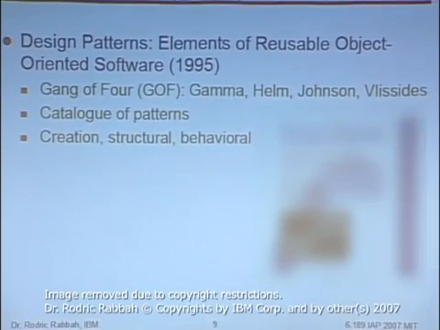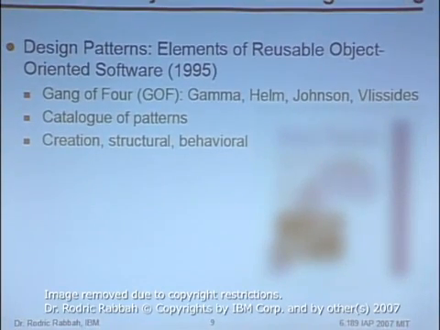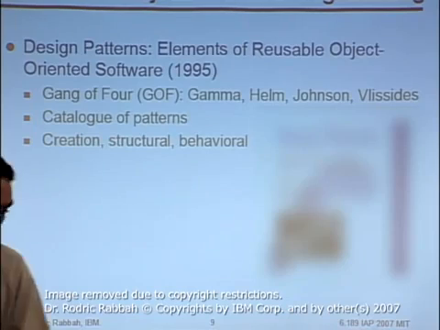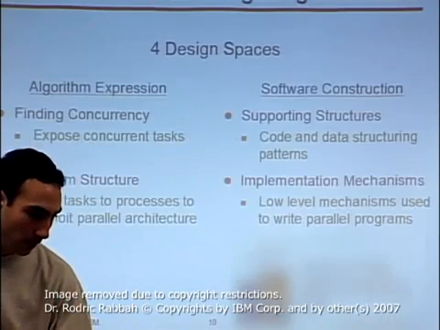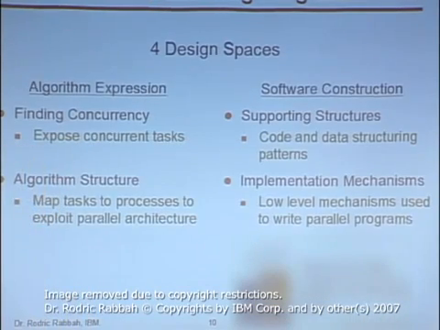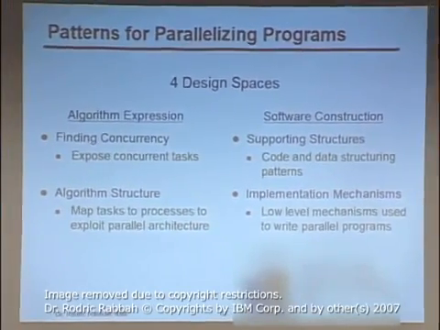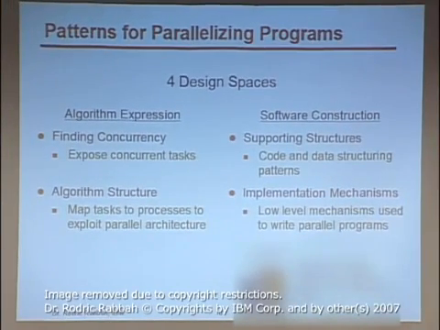Things like the visitor pattern, for example, some of you might know. And in 2005, not too long ago, there was a new book which I'm using to create some of these slides. It really recorded patterns for parallel programming.